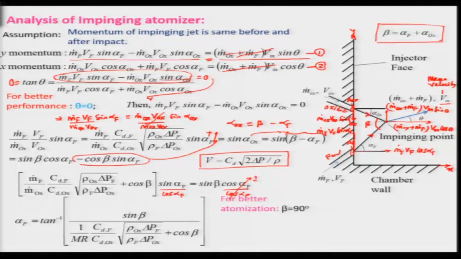Once I get alpha f, I can get alpha oxidizer as well. So, this is a simple expression given so that you can do analysis and use it for designing an atomizer for impinging jets.